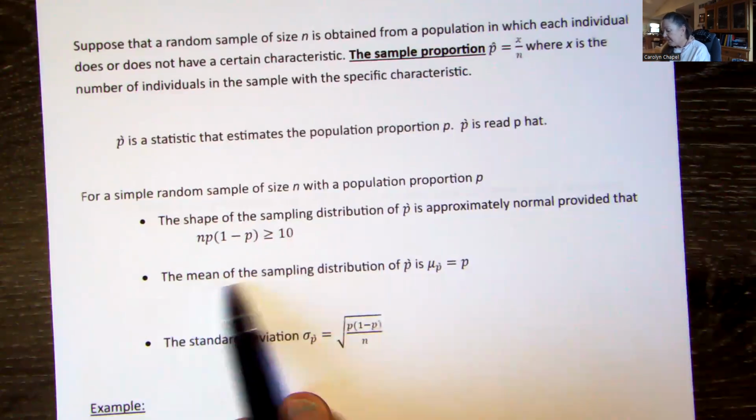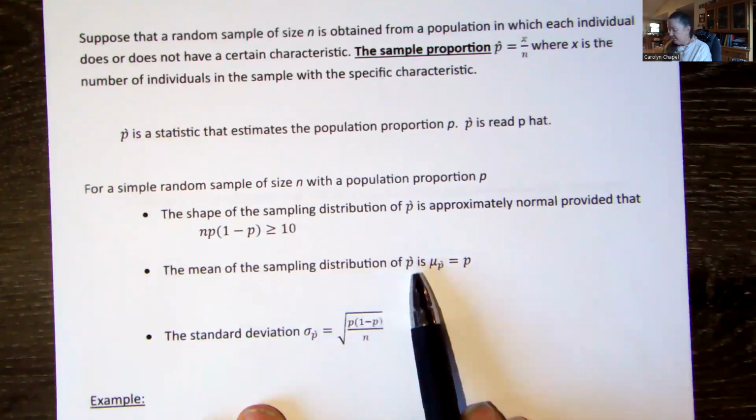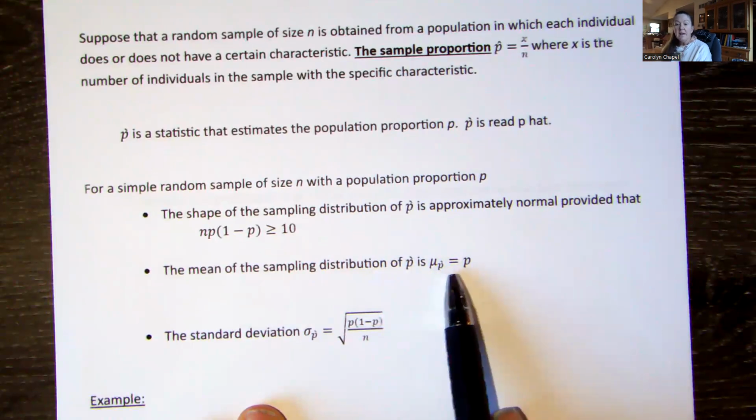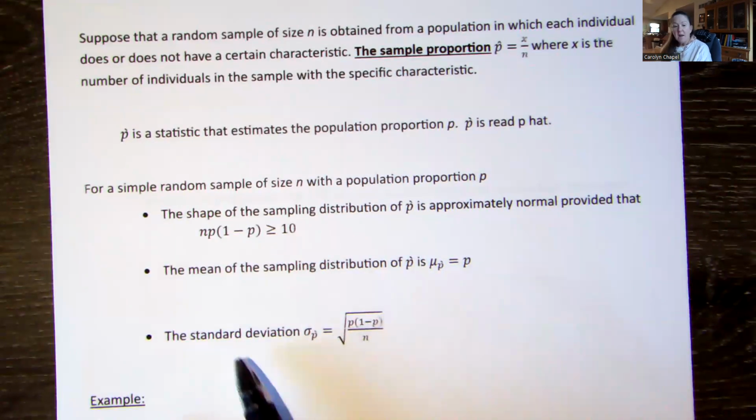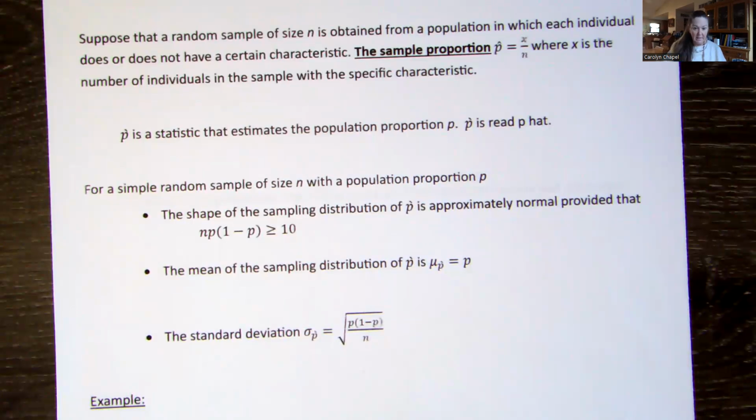So the mean of p hat is actually p, and the standard deviation for that distribution is going to look like this ugly-looking square root. We will again be standardizing things, so we will do the data value minus the mean, divided by the standard deviation.